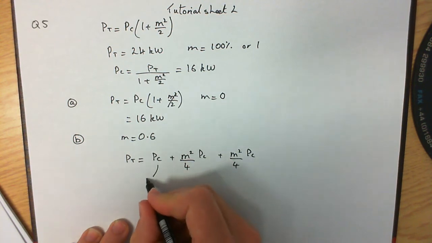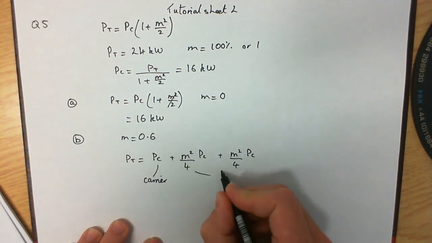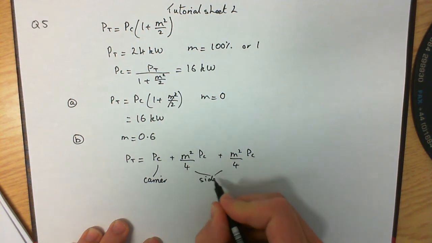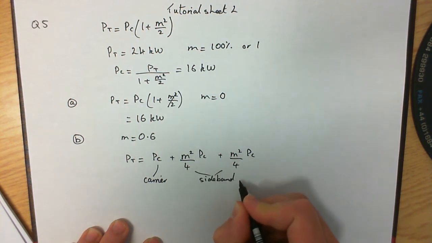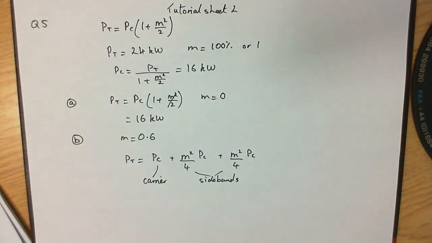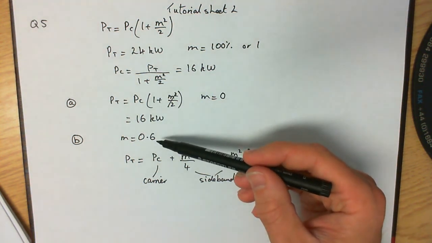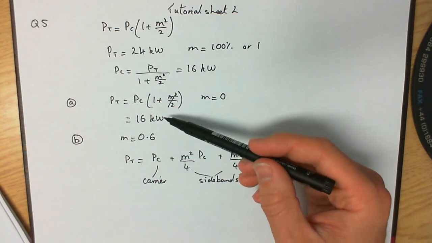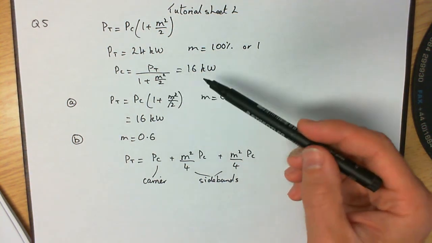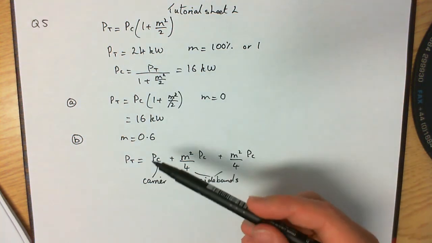So this is the carrier, and these are the individual sideband powers. Of course, you add all that together and you get that simple equation here. So what this is saying is that we are using a modulation index of 0.6. We know what the carrier power is from here. So we've got the information that we need.